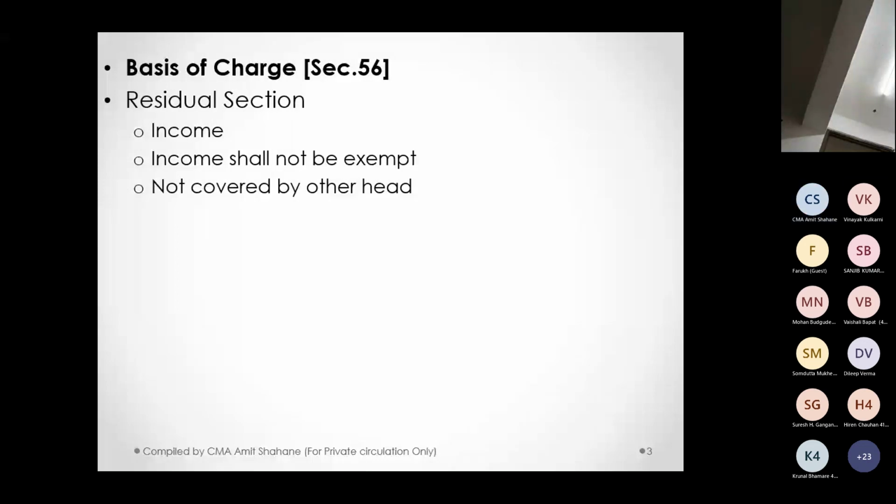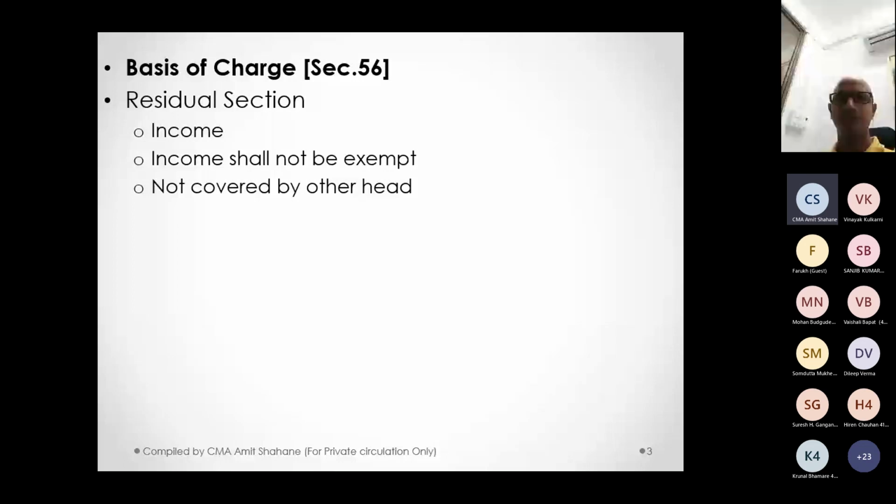If there is an income but no employer-employee relationship, then that income would be chargeable under income from other sources. Of course, we'll see some examples in due course.